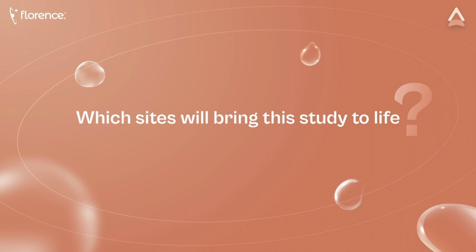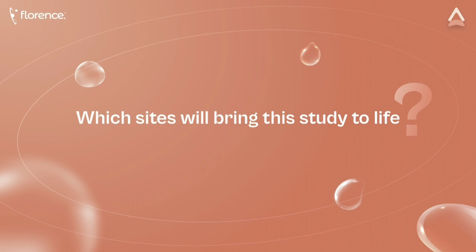Every clinical trial begins with one critical question from the sponsor: which sites will bring this study to life? For decades, that question has meant months of searching, repetitive surveys, countless follow ups, limited visibility.